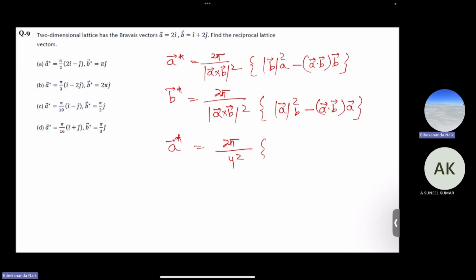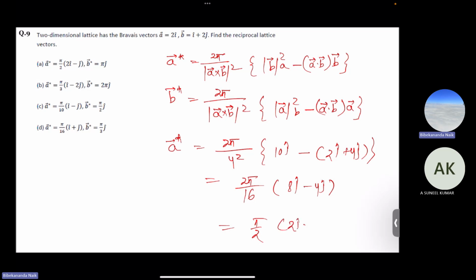Then A mod square into B will be 10 i cap minus 2 j cap plus 4, 2 i cap plus 4 j cap. So it will be 2 pi by 16, 8 i cap minus 4 j cap, or it will be pi by 2, 2 i cap minus j cap. So this will be the A star vector.